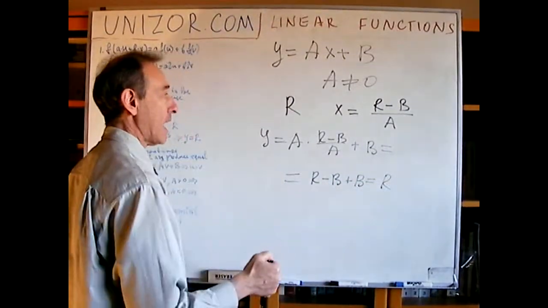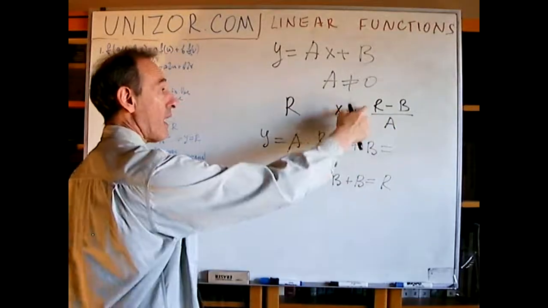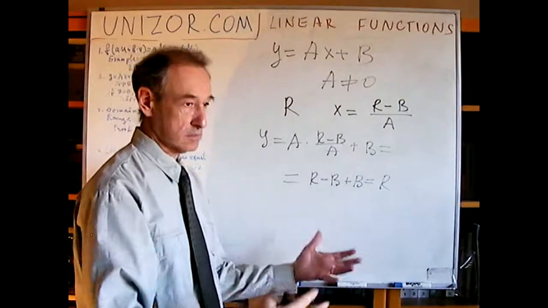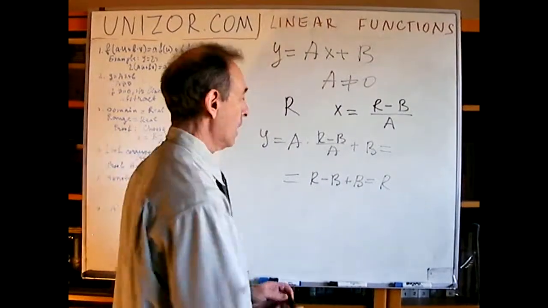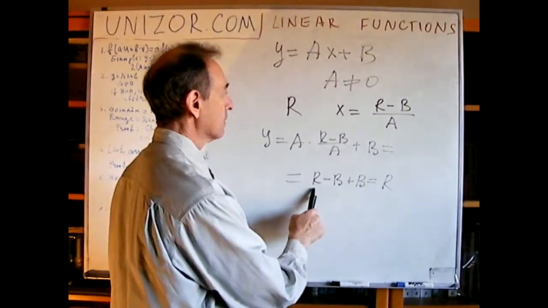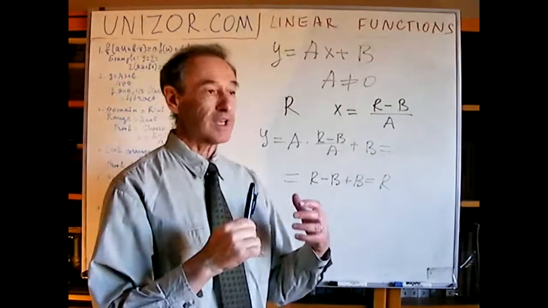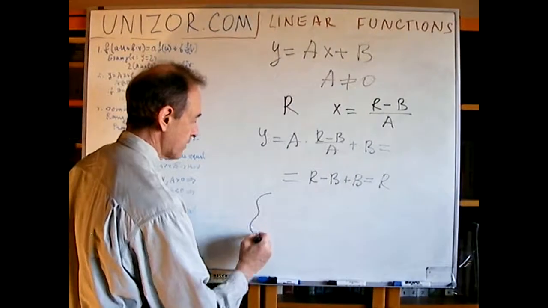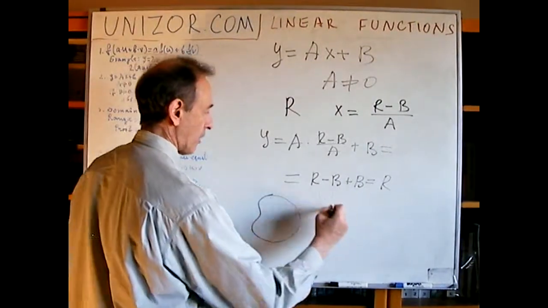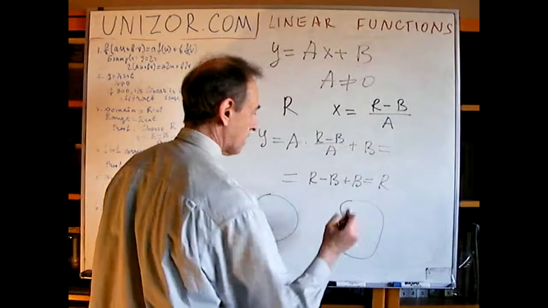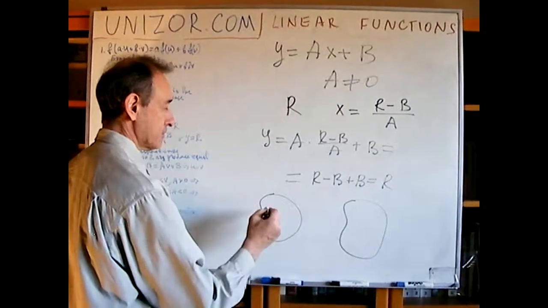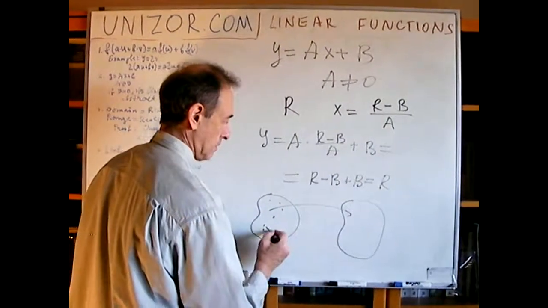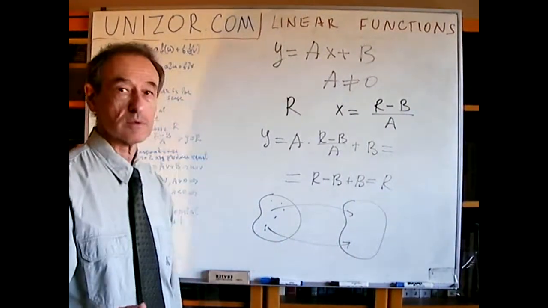So if x is equal to this, where r is any real number, and a and b define our function, then the function will take the value r, which means we can reach, using this function, any real number. So if these are real numbers and these are real numbers, first of all, the function can be defined for any one of those. That's obvious, right?